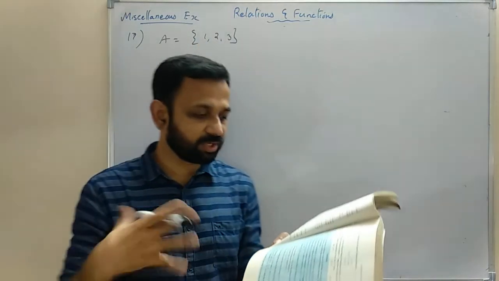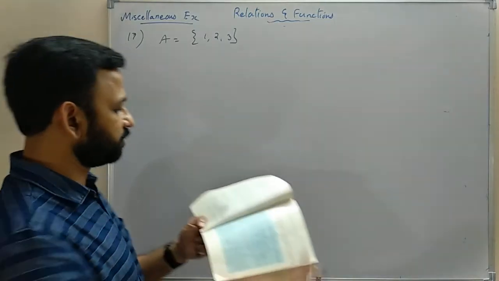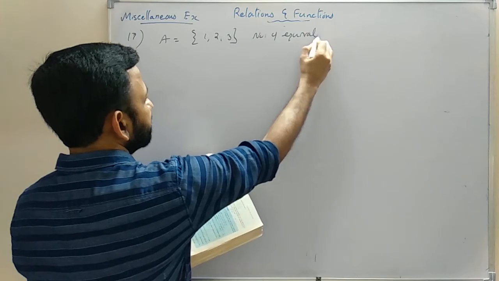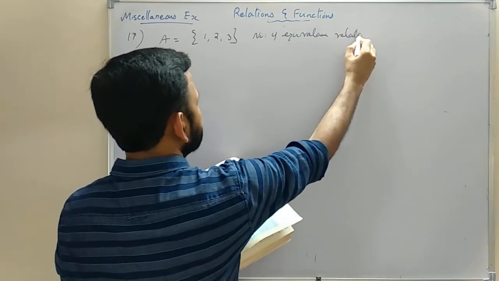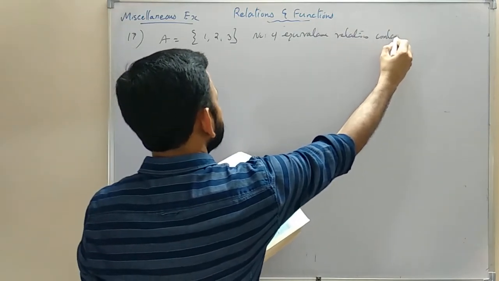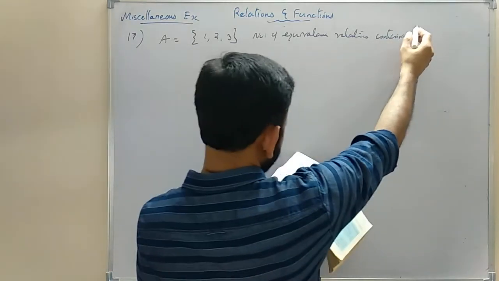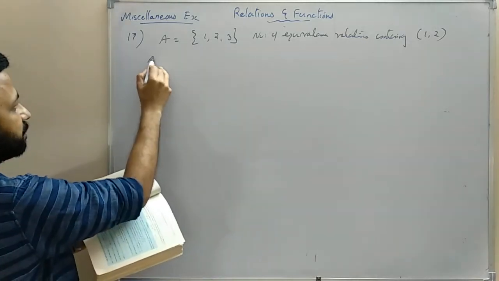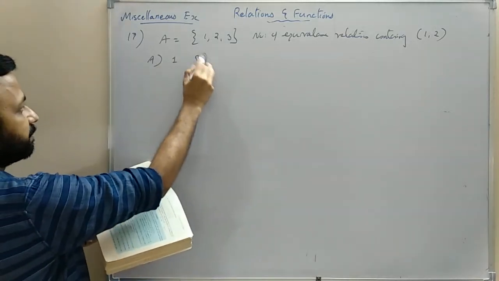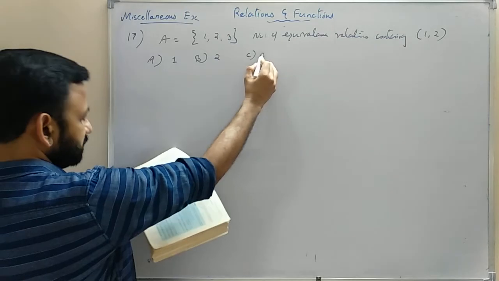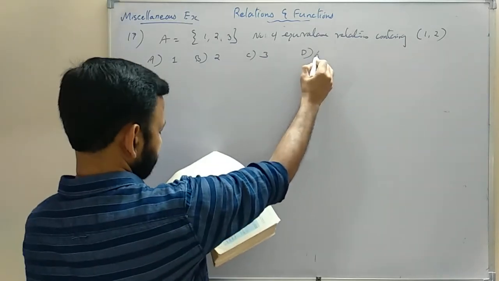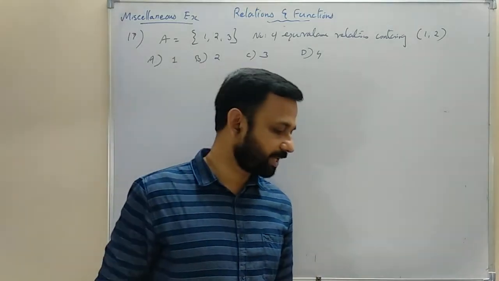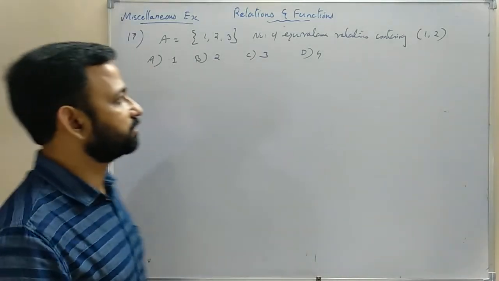Then find the number of equivalence relations containing the ordered pair (1, 2). That is our question. And here we have 4 options: option A 1, option B 2, option C 3 and option D 4. So we need to find the number of equivalence relations containing the ordered pair (1, 2).